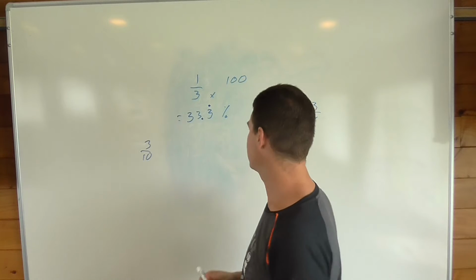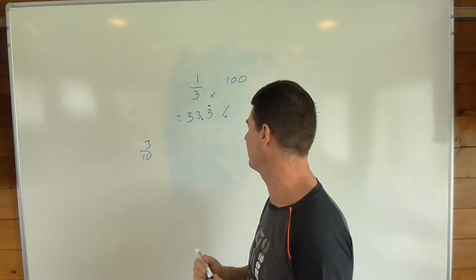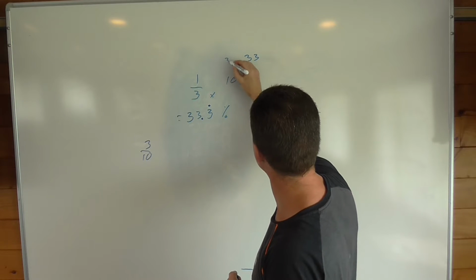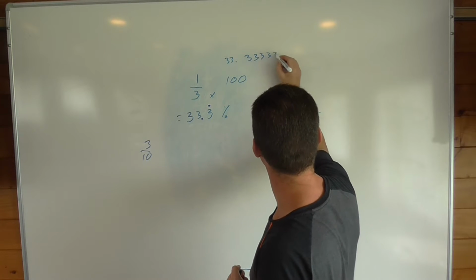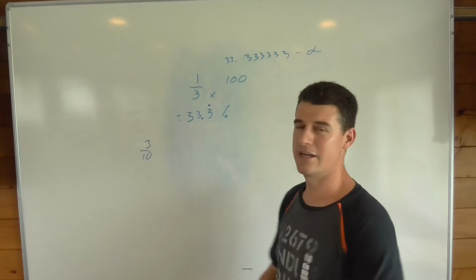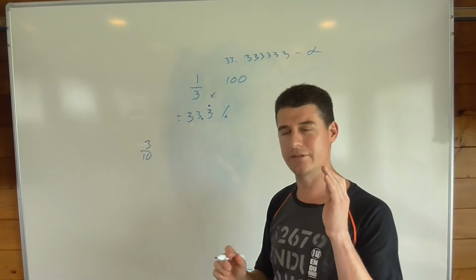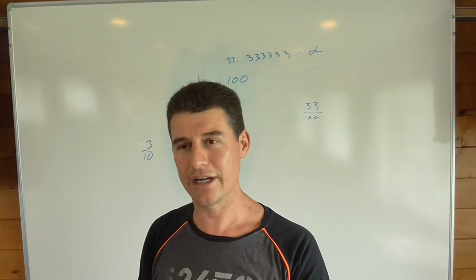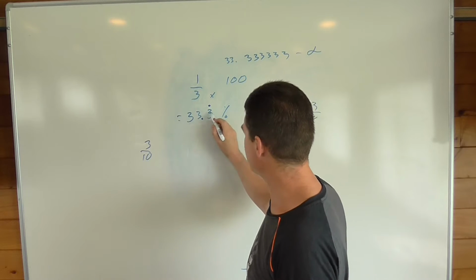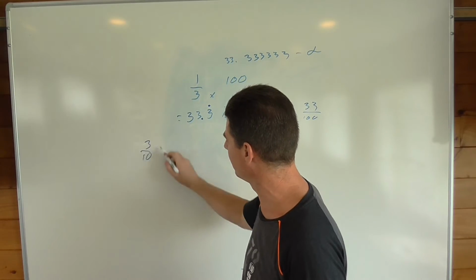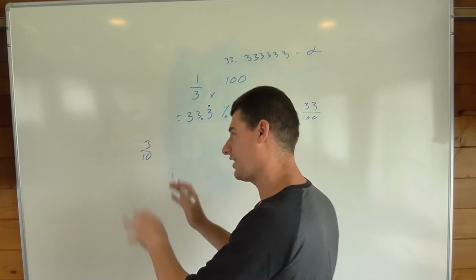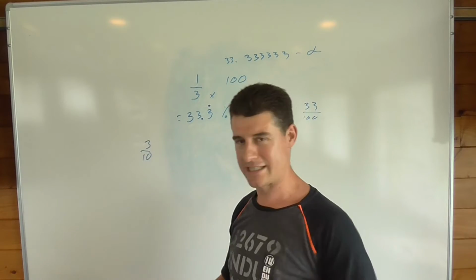But now the secret when it comes to recurring decimals, because remember that 3 is actually 33.33333 right up into infinity, is that when you convert a recurring decimal into a fraction, it's not over 10. That is if it's a full fraction, like it's 33.3 exactly, not 33.33333. But, okay, let me just get back to it.